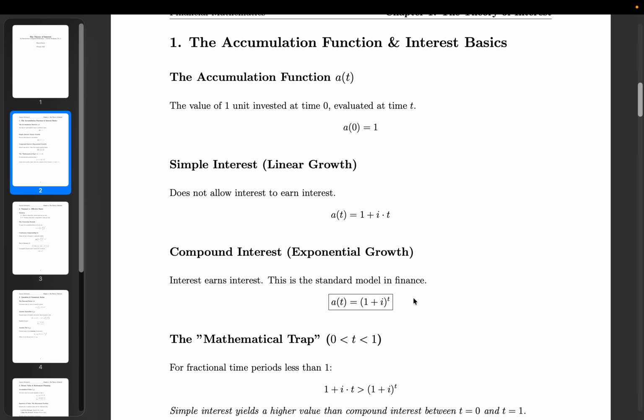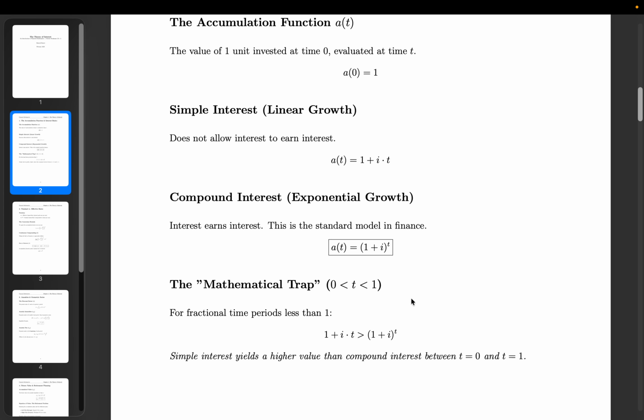But the moment t crosses 1, compound interest takes over and zooms past simple interest forever. In modern finance, we almost exclusively use compound interest because it reflects reality, where money generates more money.